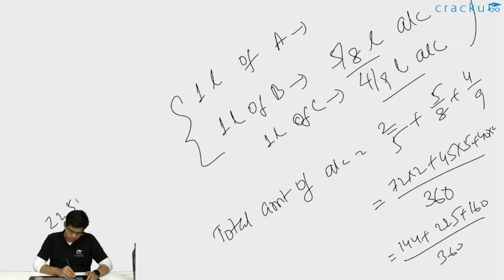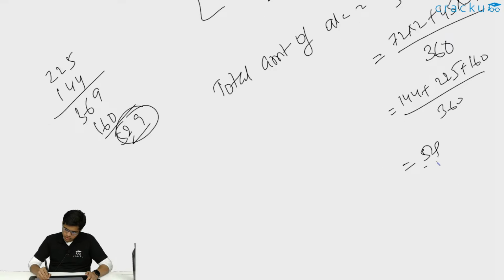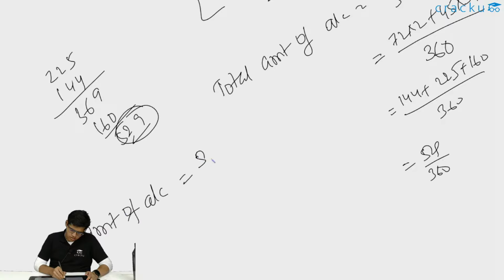Now 225 and 144 gives 369, and 369 and 160 gives 529. So basically we are having 529 by 360. So the amount of alcohol is 529 by 360. And what is the total amount of mixture?